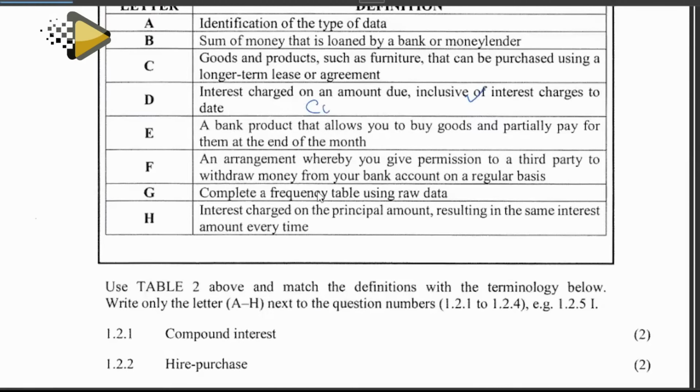This is compound interest. Then a sum of money that is loaned by the bank or money lender, this would have been a loan. Goods and services such as furniture, this would be hire purchase. Then we come to a bank product. This is debit order.